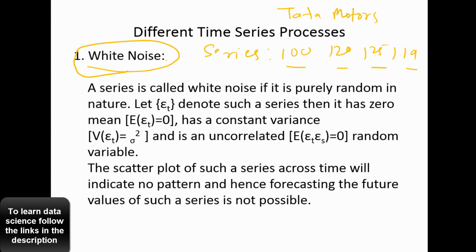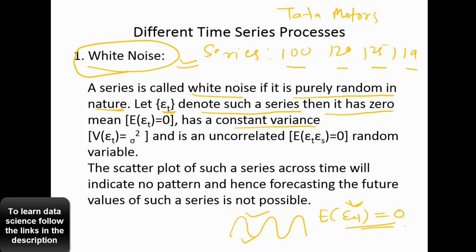So when we call a series white noise, this is the definition. A series is called white noise if it is purely random in nature. Let epsilon t denote such a time series where it has zero mean and a constant variance. Zero mean means it is 50% positive, 50% negative, so when you sum it, it is actually zero. If you take the expectation of epsilon t, it's actually zero.